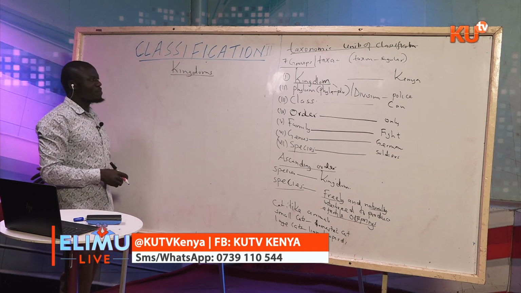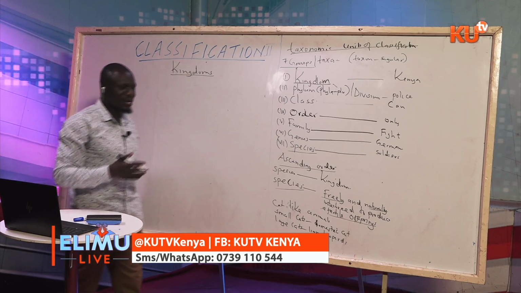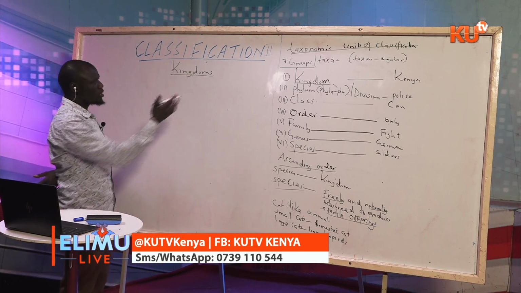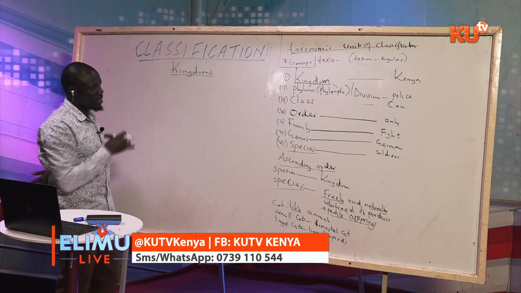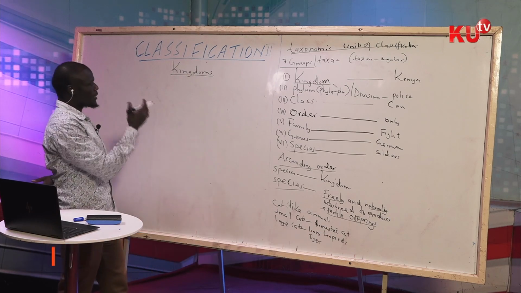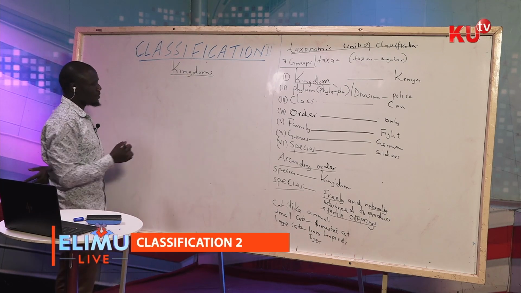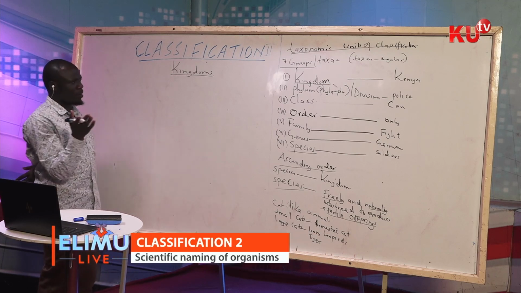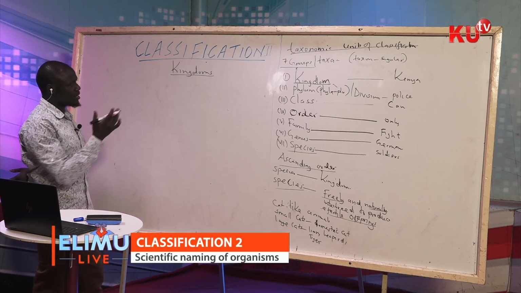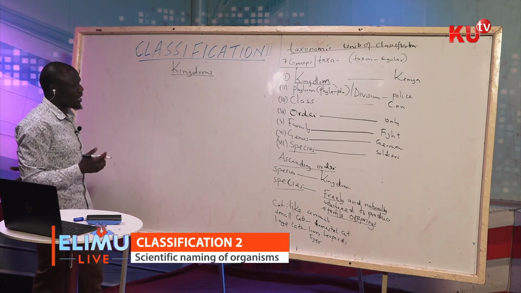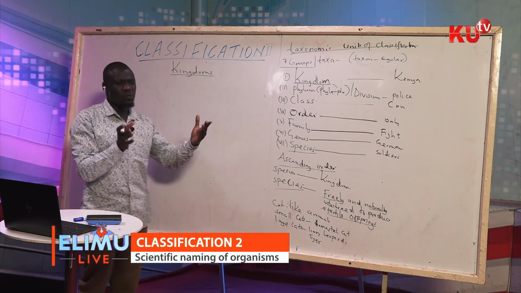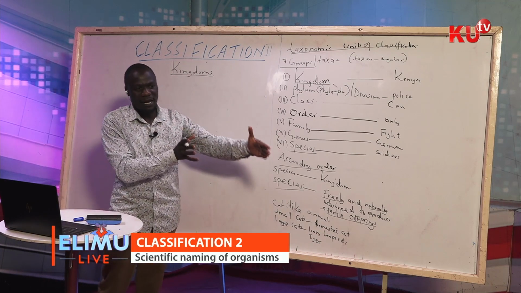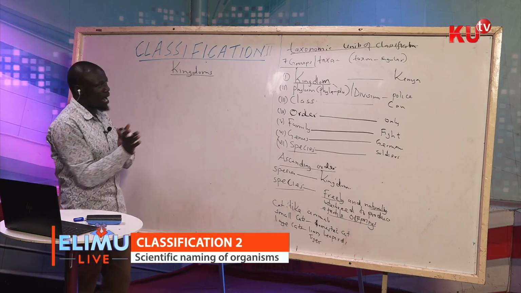We are being told that generally in the early years, organisms were placed into two kingdoms, and that is Kingdom Plantae and Kingdom Animalia. They only came up with the two kingdoms initially, which means organisms were either placed into Kingdom Plantae or Kingdom Animalia.